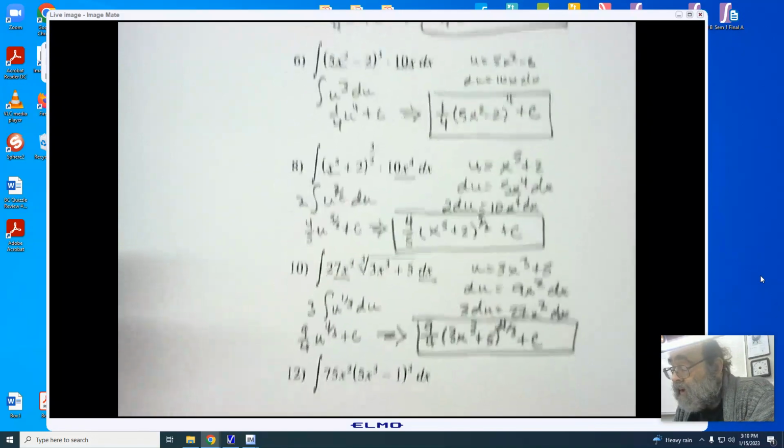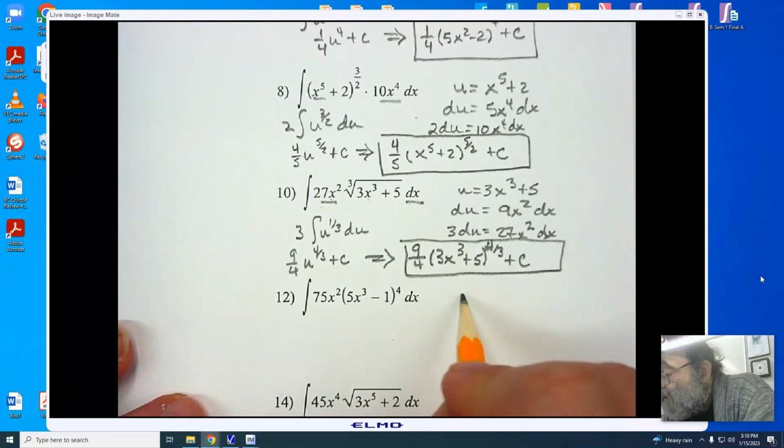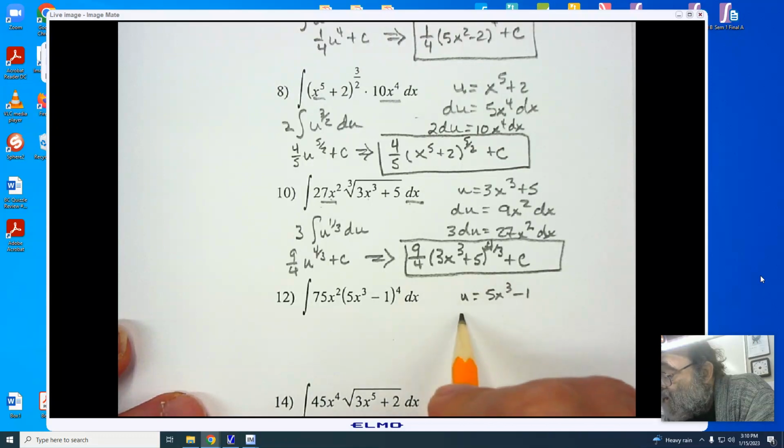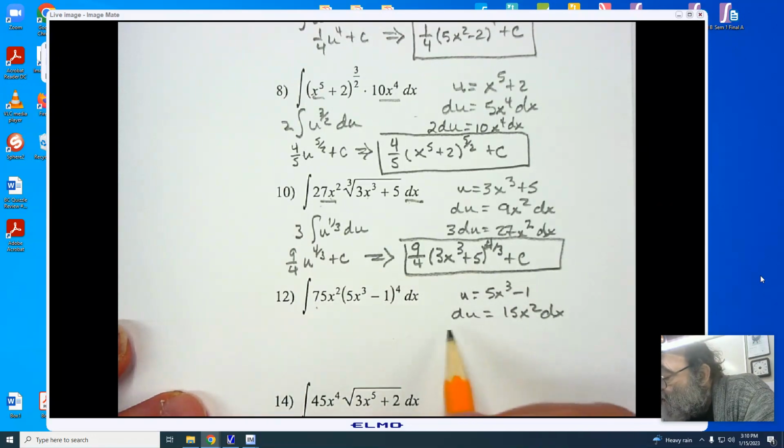Continuing, let's go to number 12 next. Notice they go by quickly. We let u equal the 5x cubed minus 1. du is then 15x squared dx. We need to multiply by another 5. So 5 du equals 75x squared dx.